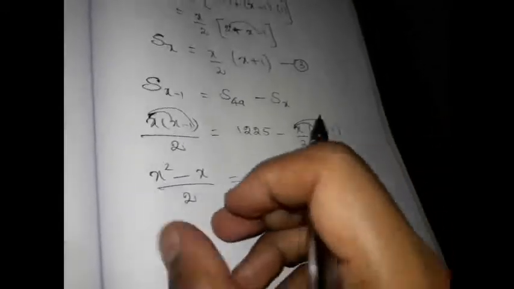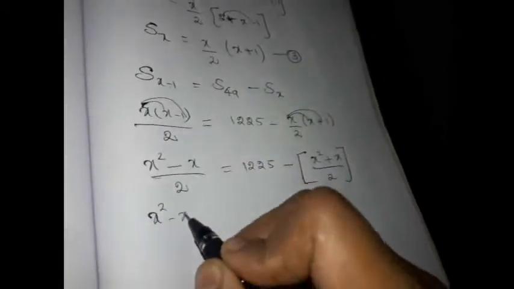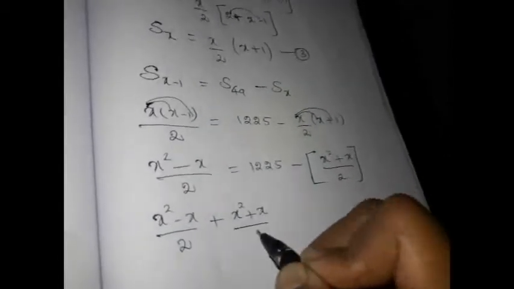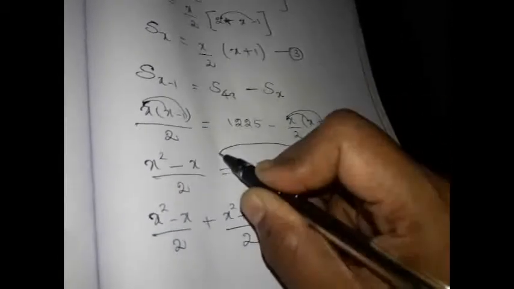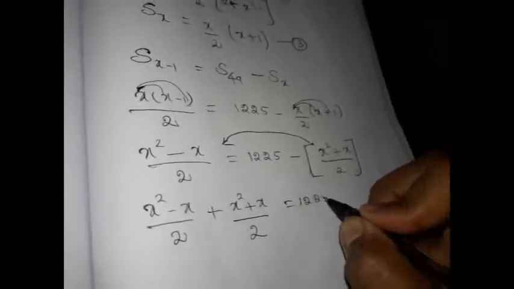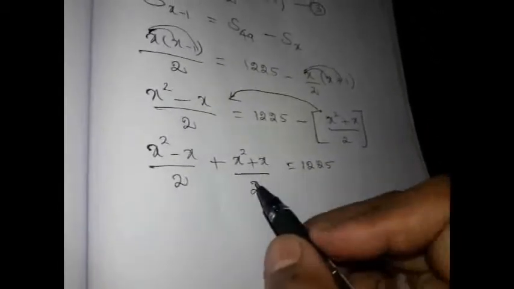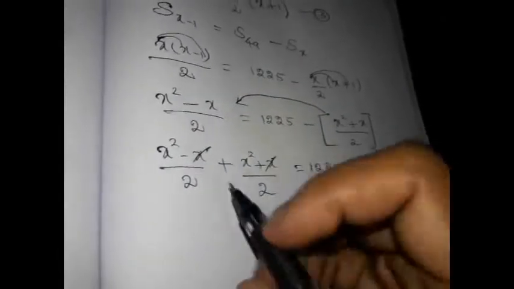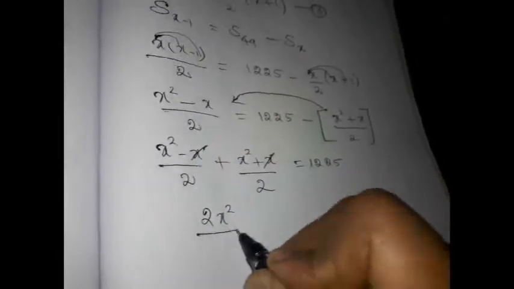Now bring this entire term to the other side. So x square minus x divided by 2 plus x square plus x divided by 2. We brought this entire term to the other side, so it has become plus, which equals 1225. Right? So common denominator, plus x minus x will get cancelled. So we got 2x square equals 2.